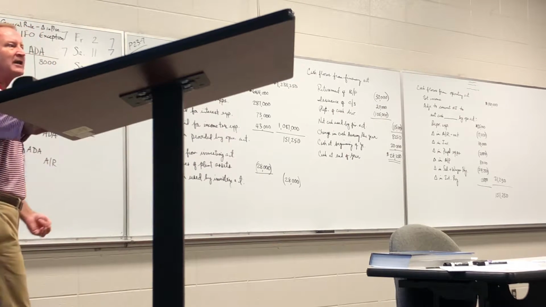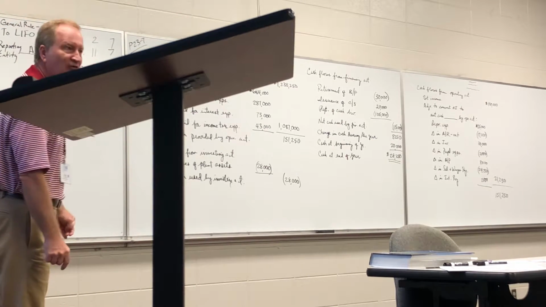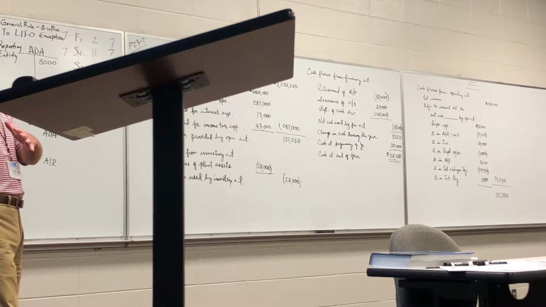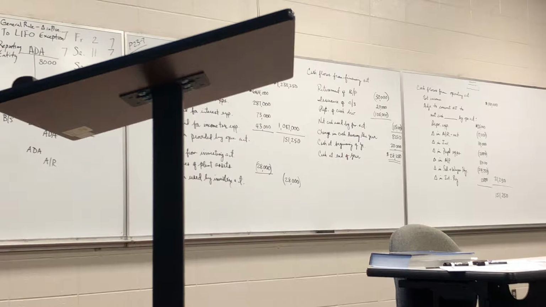I know my balance sheet over time is going to be further and further off, but I don't care because I think the income statement is more important. You with me? Whereas if I'm on FIFO, I say, no, I want that balance sheet inventory account to be pretty darn accurate, pretty darn close to what the actual number should be. And I don't care as much about the income statement.